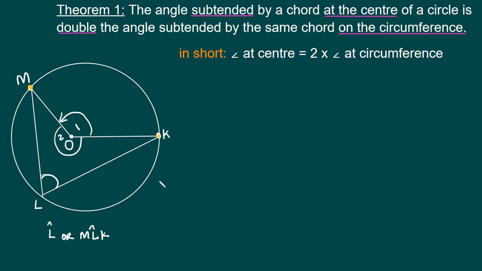We need to prove that angle O1 is twice angle L. Okay, that is what we need to prove. That O1 is twice angle L. Not O2, good people, O1. Right. So, in order to prove that, it's going to be very, very simple.